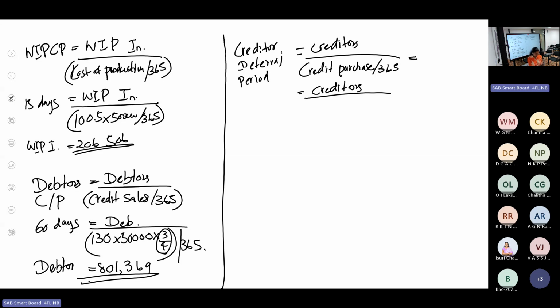How many days? One month, and only 50% of the material is on a credit basis. One month in the sense 30 days. Purchase 32, only the raw material 32. How many units are we going to produce? 50,000. But half of this is only the credit purchase. Half of it, 50%.